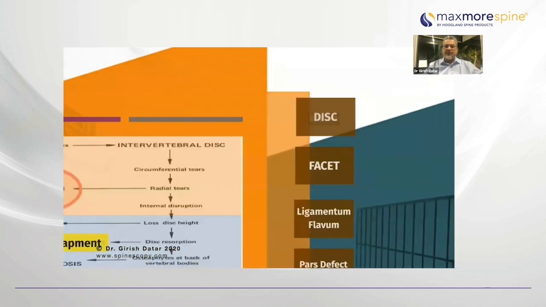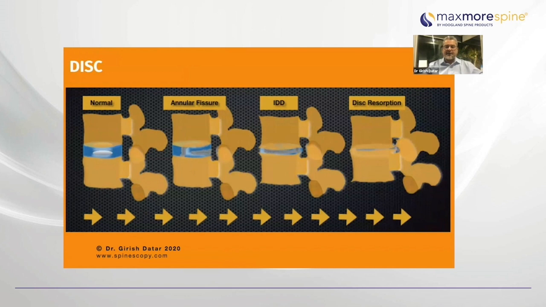So we need to see what is happening with the disc in the natural course as you are aging. From normal to annular fissures to internal disc disruption to disc resorption, this is the natural course. Everybody, me and you, all have annular fissures in our life which spontaneously heal, and we do not go into a condition called internal disc disruption.